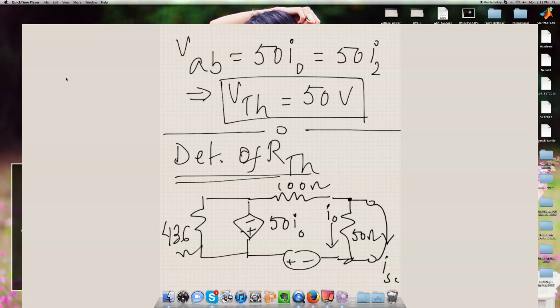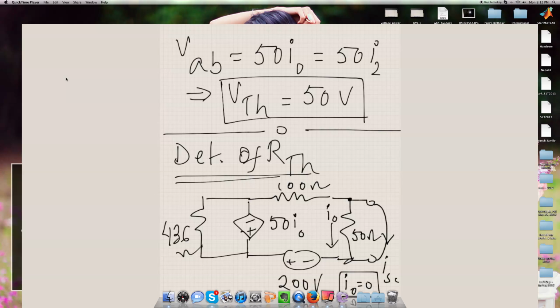So that will mean that this resistance will carry no electricity. Therefore, for that current I naught, we conclude I naught equals 0. So this is the logic here.